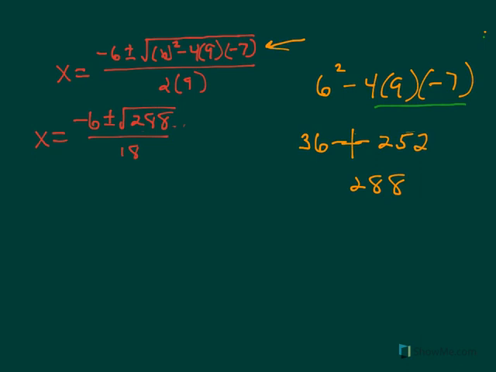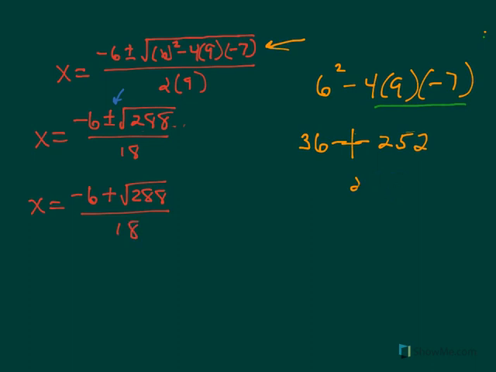Then we can split it up into the two possibilities. So we have the plus the square root of 288 and the minus the square root of 288. So one of them will be negative 6 plus the square root of 288 all divided by 18.